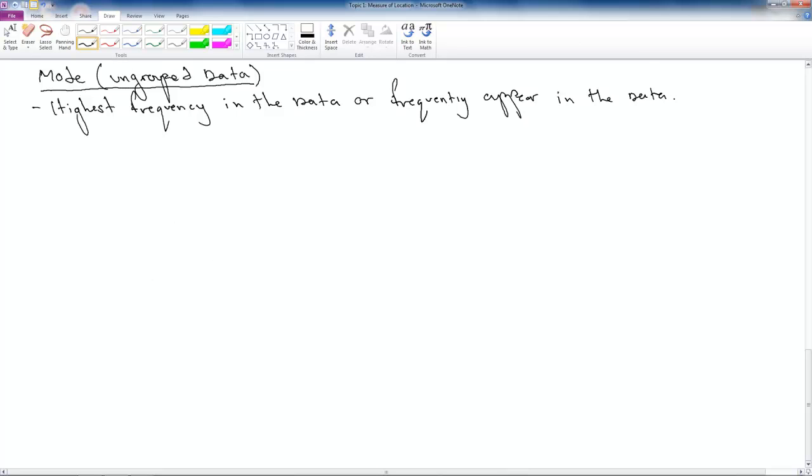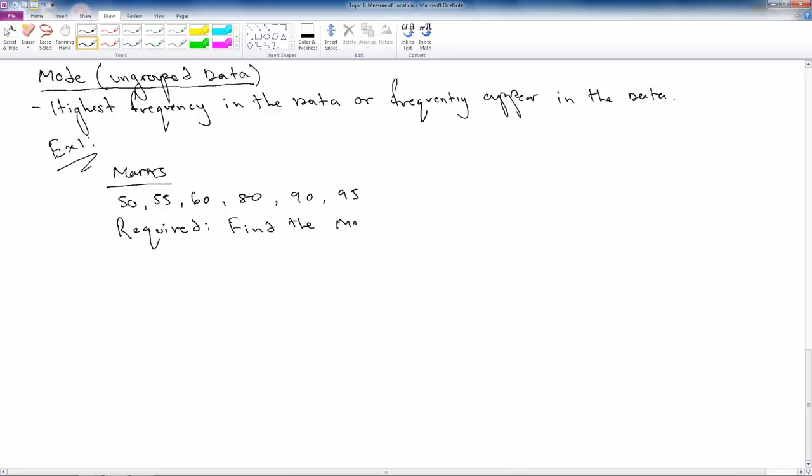So let us start with example 1, which is marks 50, 55, 60, 80, 90, 95. Required: find the mode.